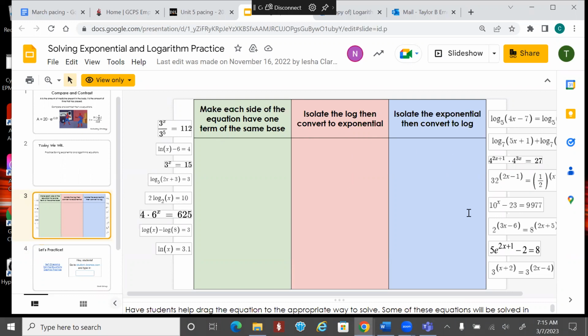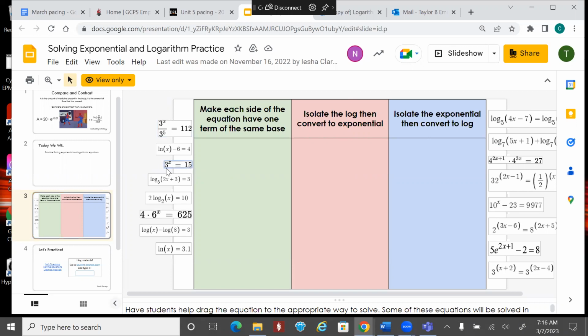Okay, so there's a couple different ways that you solve the equations. Okay, so for instance, if I take this first one right here, it won't move. Great. This is great.